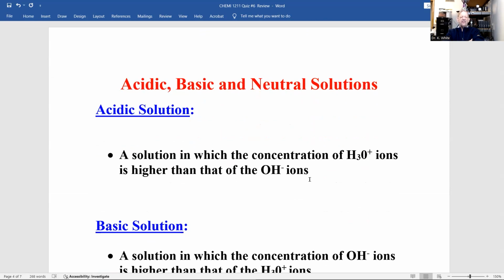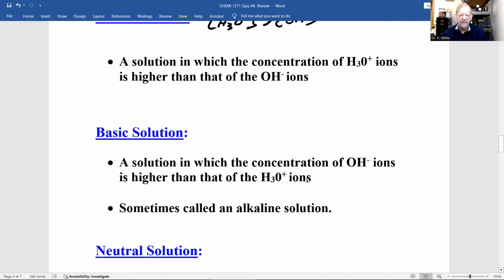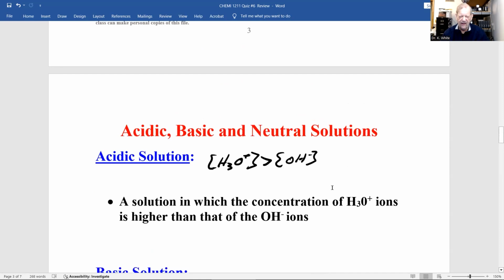And there are different terms you should know. Acidic solution, that's a solution where the hydronium ion concentration is greater than the hydroxide ion concentration. And you should know what is an acidic solution: H3O plus is greater than OH minus.